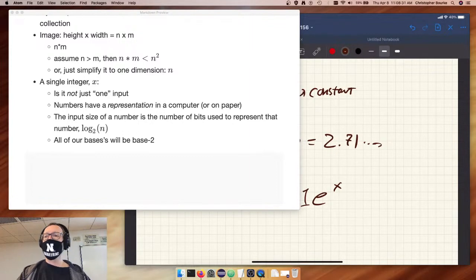So all of our bases will be implicitly base 2, and we simply write log of n, or log of x, I should say. I'm going to change both of those to x because n is usually used as our input size, so n will be equal to log base 2 of x. That's our input size.